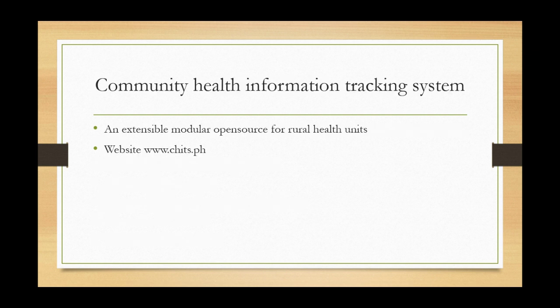We have another type of open source software for health, which is the Community Health Information Tracking System. It's an extensible modular open source system for rural health units. This one collects existing routine health data from vertical programs in the field of health services information system, and it integrates them into a unified and comprehensive computerized information system.